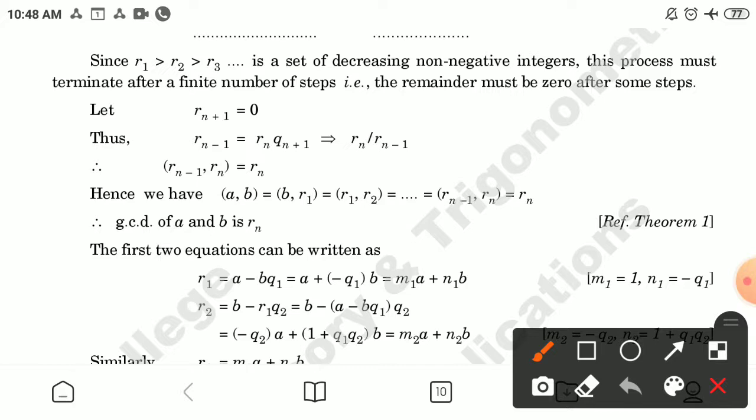This process must terminate after a finite number of steps, that is, the remainder must be 0 after some steps. Let r(n+1) be equal to 0. Thus r(n-1) = rn q(n+1). This implies rn divides r(n-1).